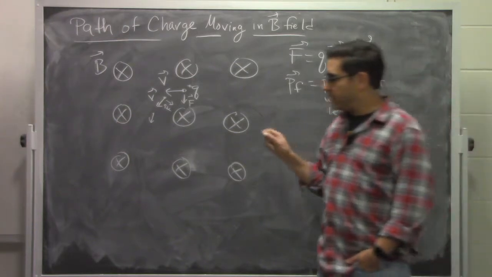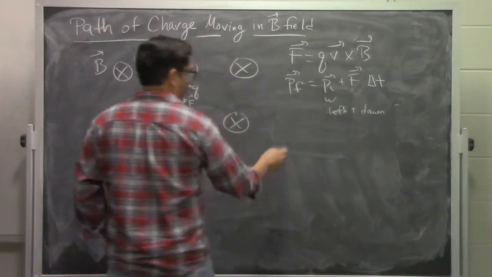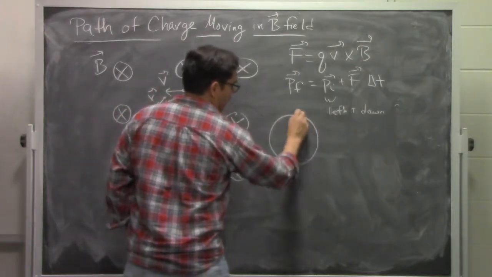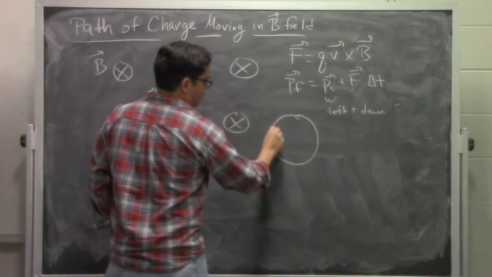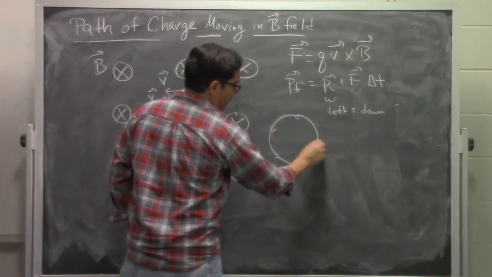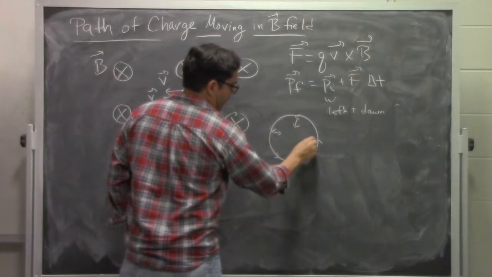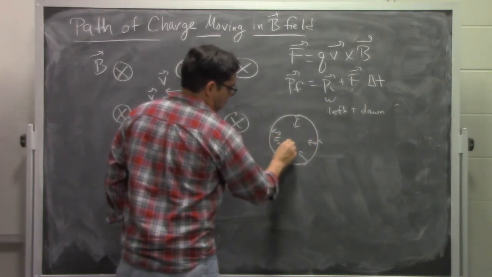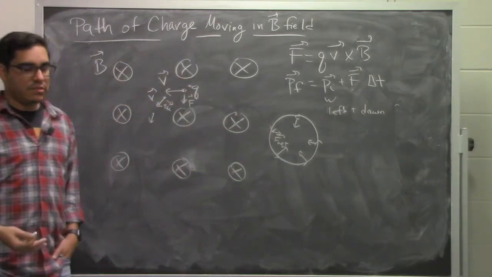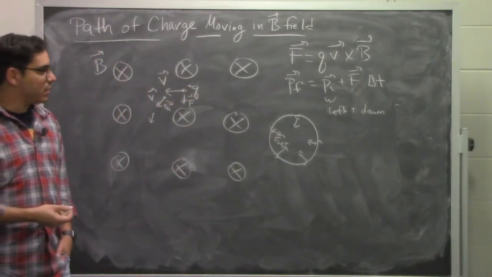And this is something that you've seen before in mechanics. If you think about an object moving in a circular orbit, as it moves around, the net force that acts on that particle always points inward towards the circle. It's always the same size, and it always points perpendicular to the velocity vector.